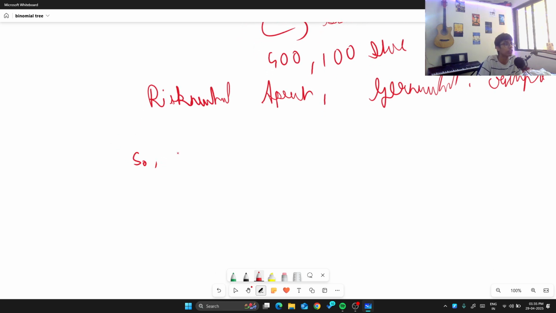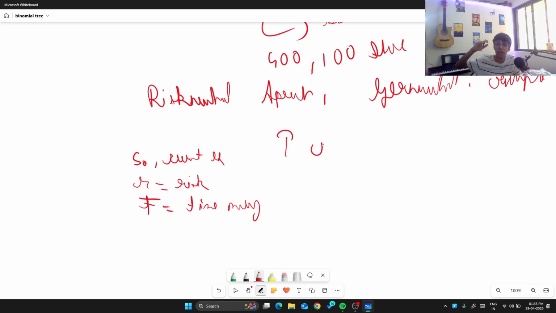S0 is our current stock price, r is the risk free rate, T is the time of maturity. u is the upward percentage, and it will always be greater than 1, and d is the downward movement, and it will always be less than 1.